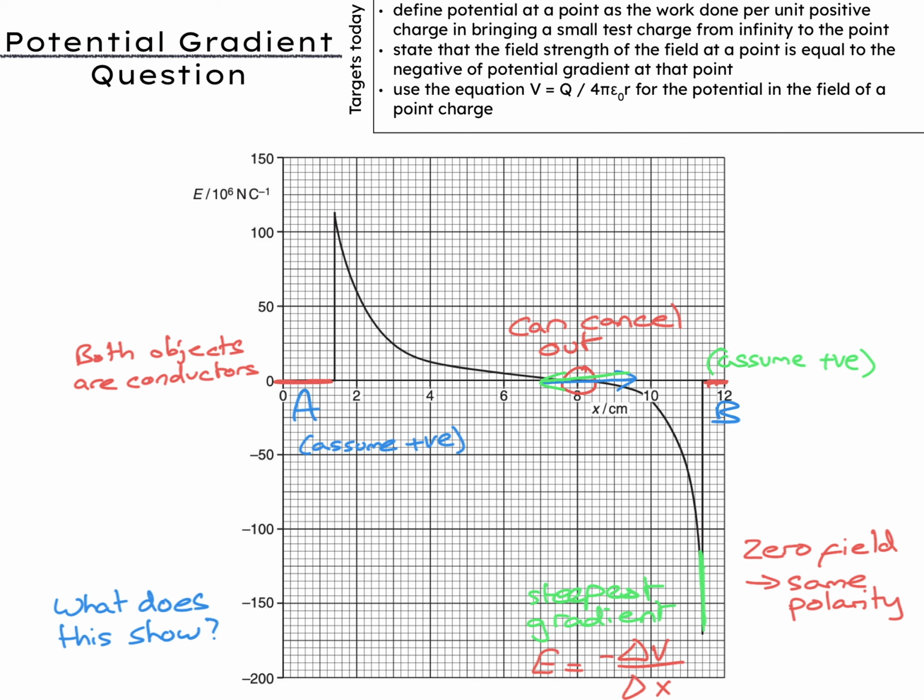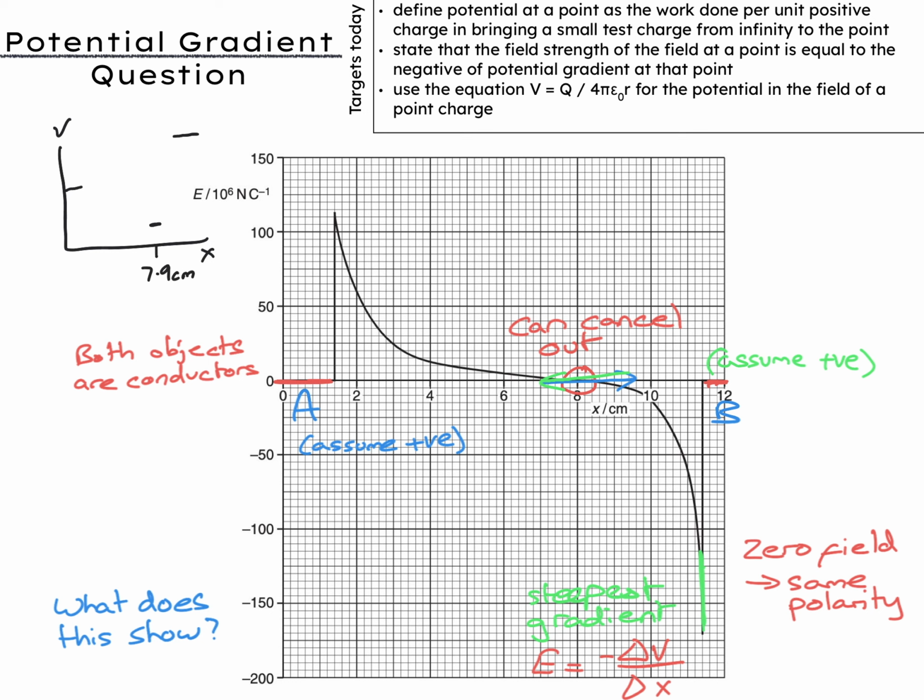So if I try to plot potential against x, I'm going to assume both are positive. And so I have a high value for A up to 1.4 centimeters. And I have a higher value for B from 11.4 centimeters. Then a U shape with this minimum at 8 centimeters.